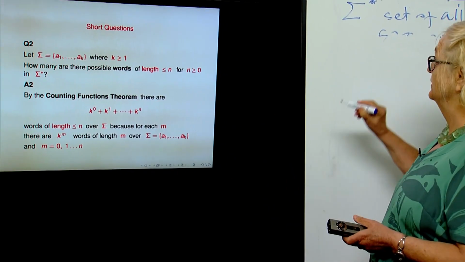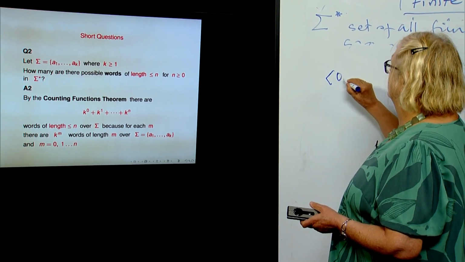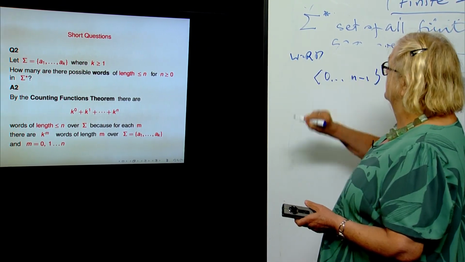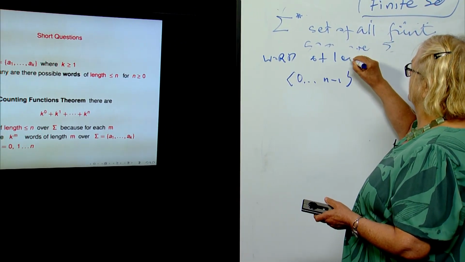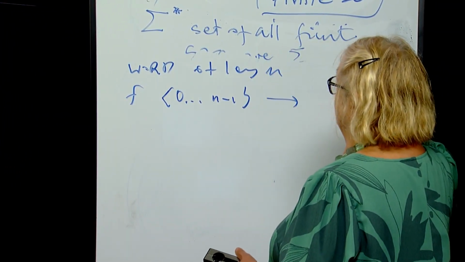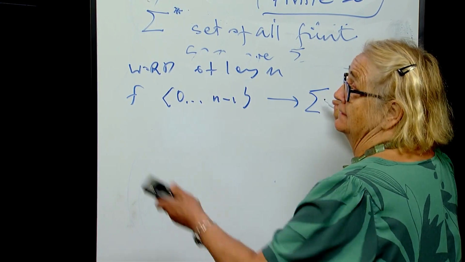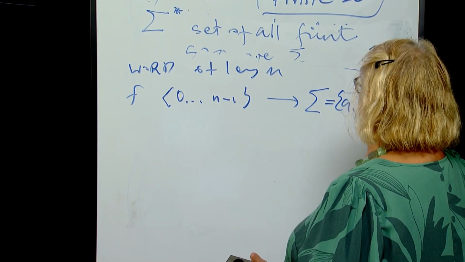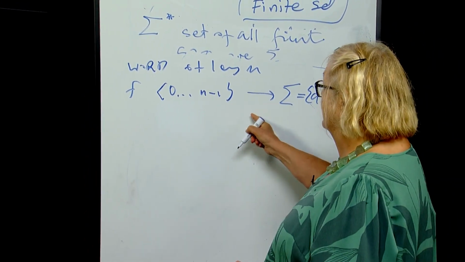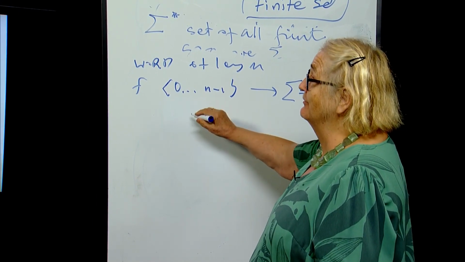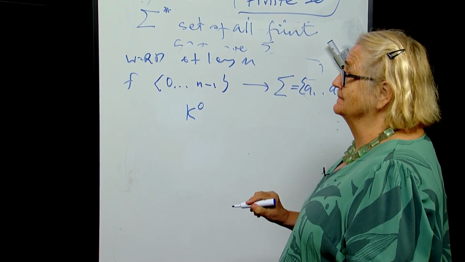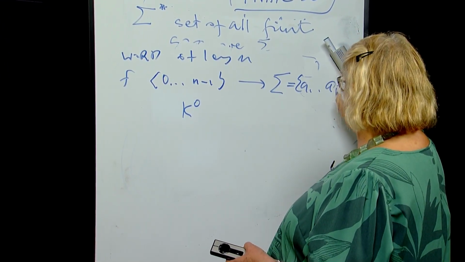It is a function from 0 to n minus 1 into sigma, and here sigma was a1, ..., ak.